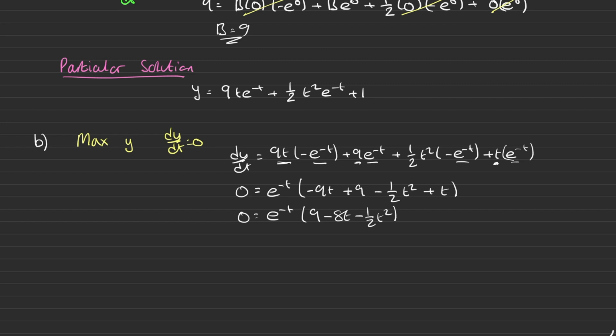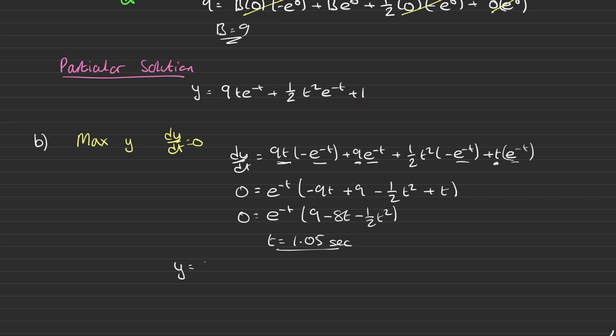Now we know that e to the negative t can never equal 0. So our solution must come from this quadratic. And we can solve this on our calculators. We get t will equal a negative, which we can discount, and a positive solution when t is 1.05 approximately seconds. So we'll substitute this value of t back into it, and that will give us our maximum concentration.